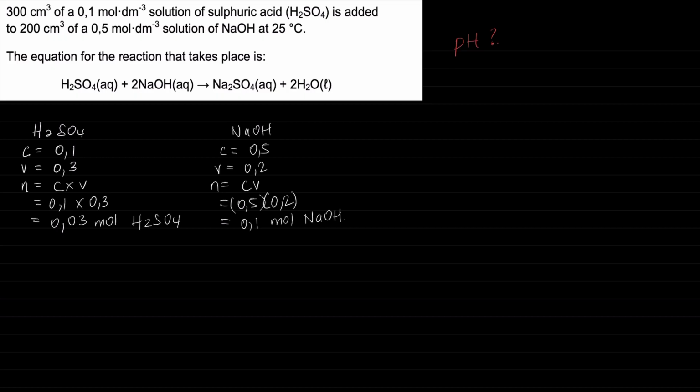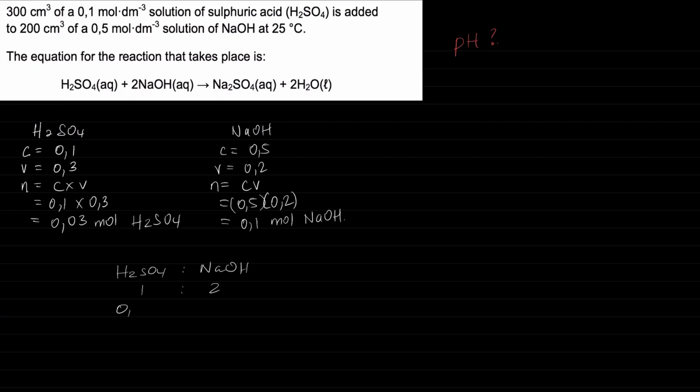Now, if we look at the ratio in which the acid and the base are reacting, we can figure out what's in excess. So the H2SO4 to the NaOH, the ratio is 1 to 2, and we get that from the reaction.